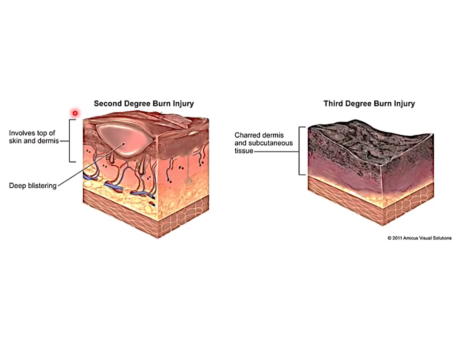Here's a second degree burn, and here is what it's going to look like. Notice in this one right here, the second degree burn is penetrating into the dermis. It's a full thickness, it will go almost all the way and involve the entire dermis. We are now going to talk about a third degree burn, and this one is nasty.